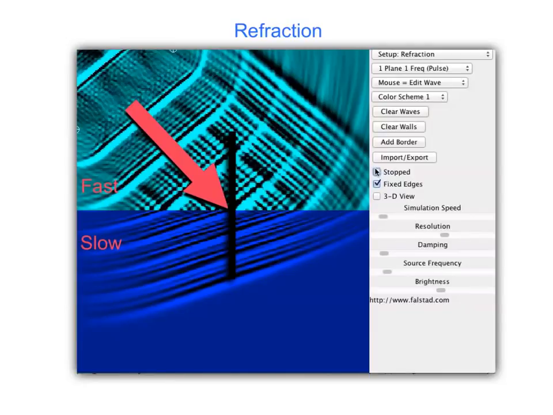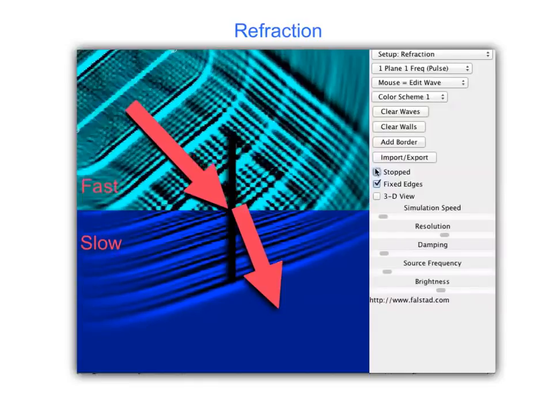And then we're also going to use these waves. Look at these waves in the shallow end, the slow end, and we can pretty clearly see with these arrows that the waves have changed direction, so that these waves have refracted or bent, which occurs whenever there is a change in speed, when waves go from one medium to another and there has been a change in speed.